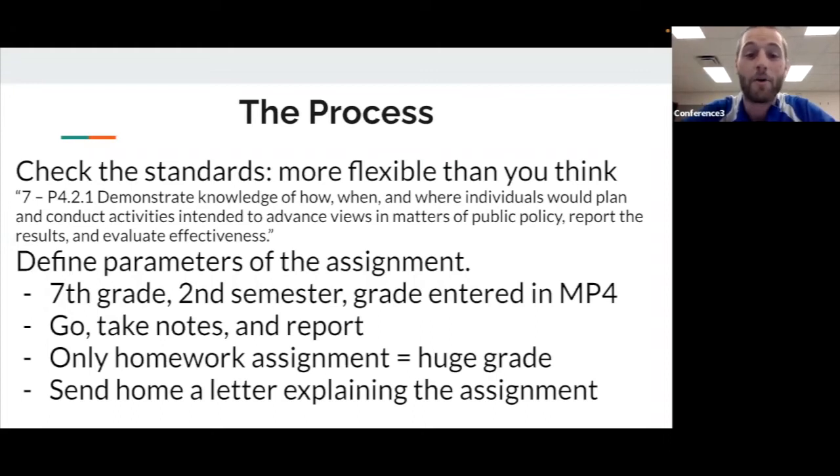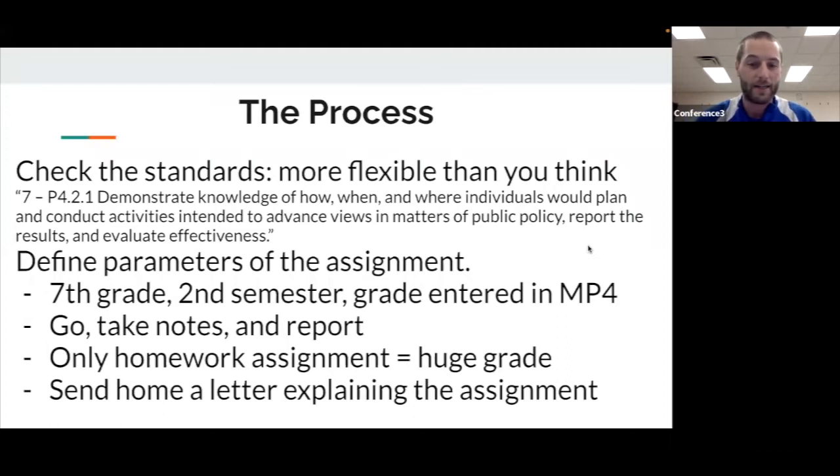It's knowing how, when, and where individuals would plan and conduct activities intended to advance views in matters of public policy, emphasizing reporting the results and evaluating the effectiveness. So that's the crux of this whole assignment. I said, I'm going to make this standards based. We're going for it. And that's the one. That's my winner.